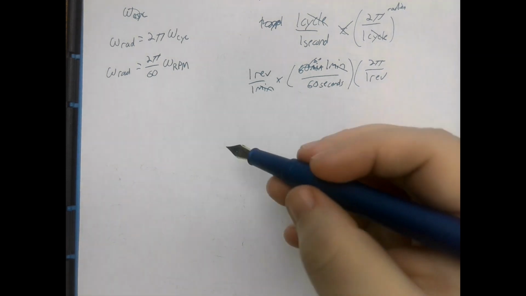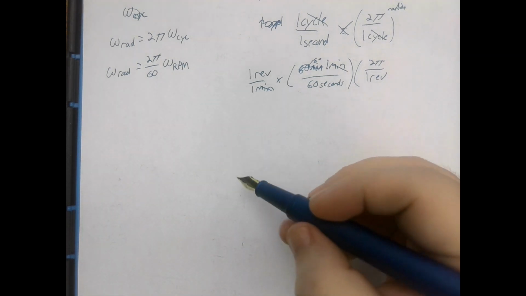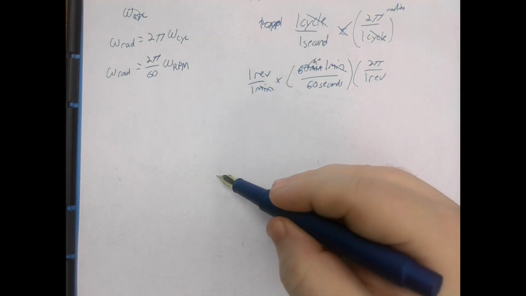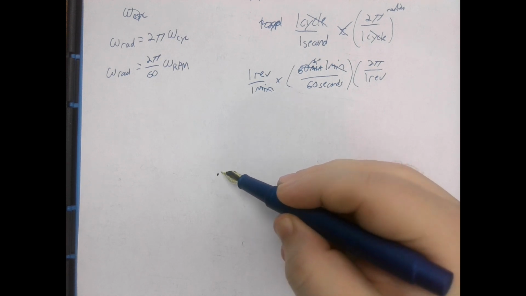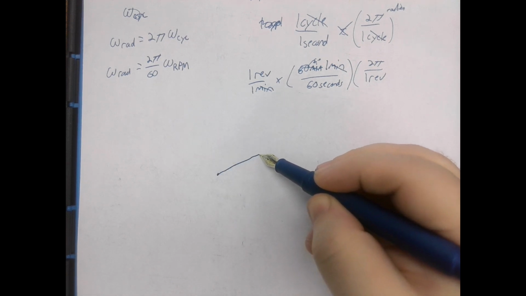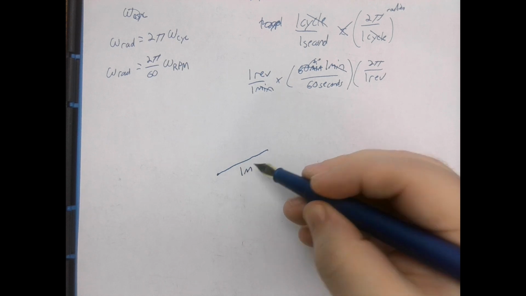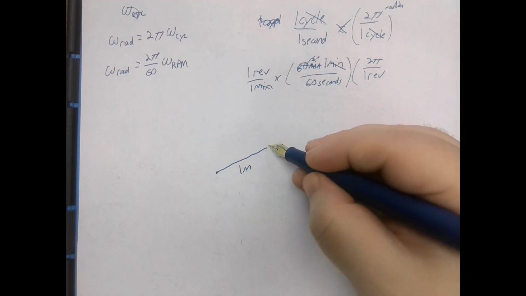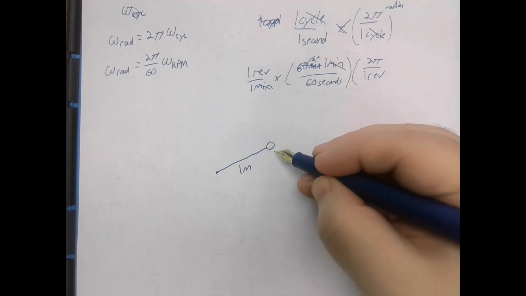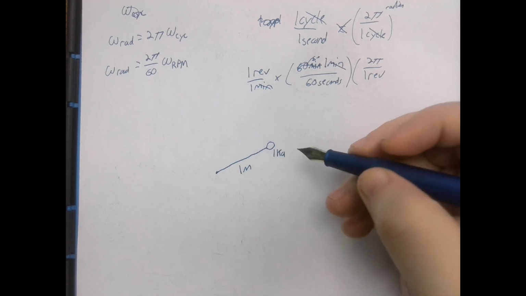So let's do one example that combines them. Imagine that you had a string that is 1 meter long. And let's attach a 1 kilogram object.